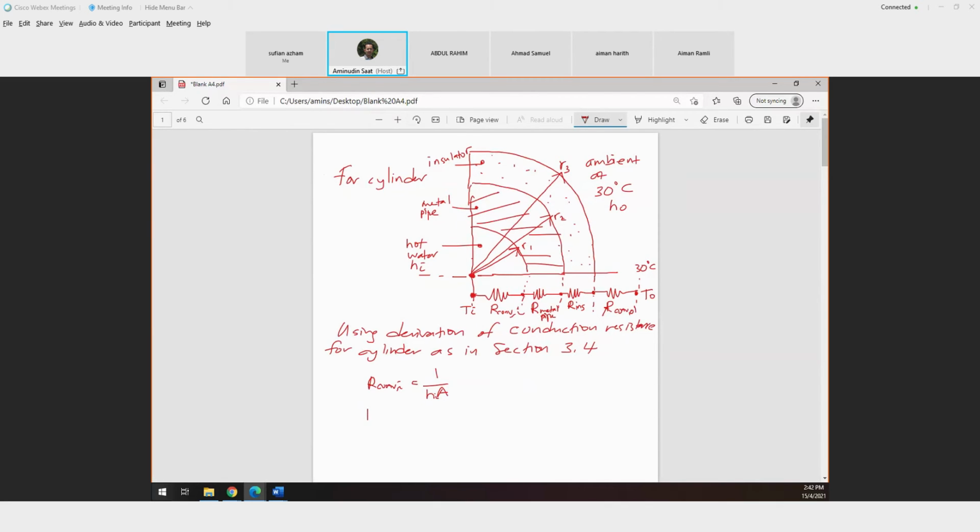Second, R metal. This one is based on the equation ln R2 divided by R1, over 2 pi L K1. So this is a K pipe.